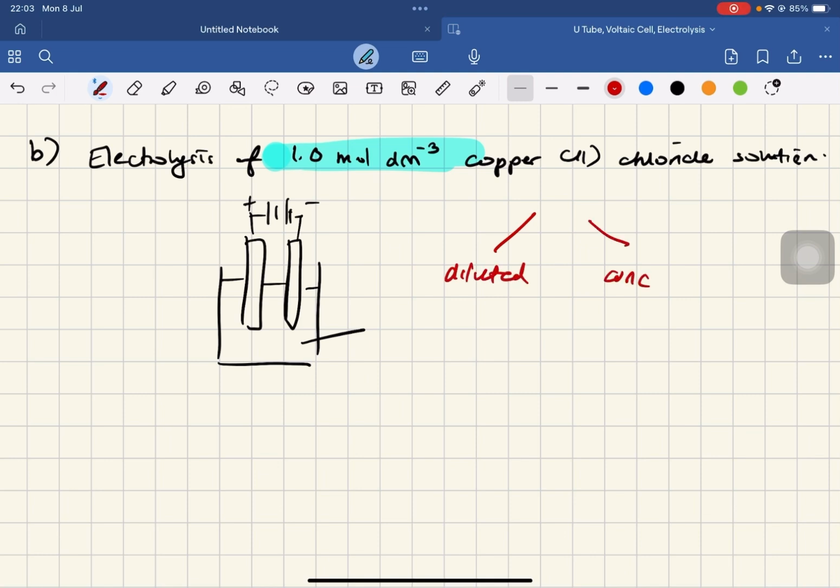Okay, kalau diluted, the concentration is less than 0.1 mole dm cube. Kalau concentrated, it's more than or equal to 0.1 mole per dm cube. Okay, clear? So this one is categorized under concentrated. Okay, so it's concentrated lah.